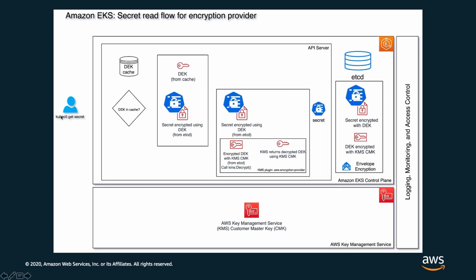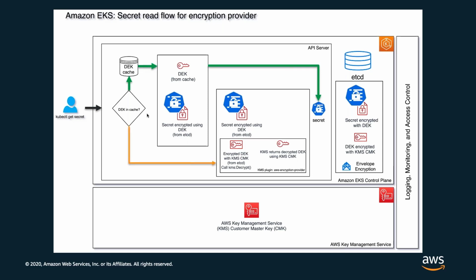So when a user creates a get secret request to the API server, there is a check to find whether the data encryption key is already in the cache, and if it's in the cache, then it calls up the etcd cluster, the etcd key store, and pulls in the secret encrypted using the DEC, and using both of these, the end result, or the secret, is provided back to the user.